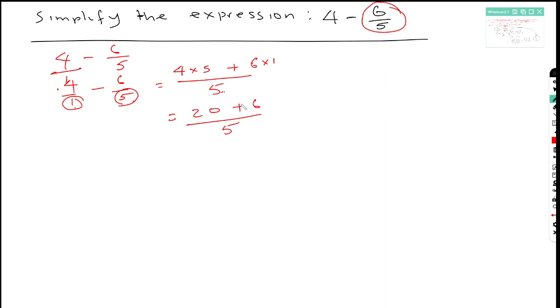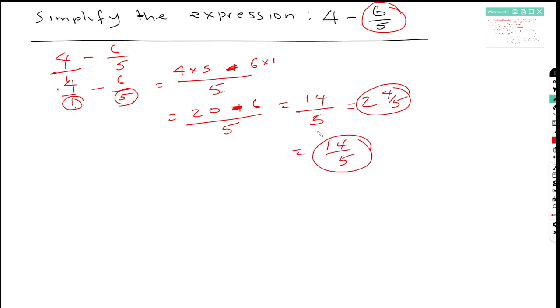Oh sorry guys, it should be minus here. I don't know what I was thinking. So 20 minus 6 will be 14 over 5. If we want to make it a proper fraction, it will be 2 4 over 5. But this is not what we want. We want the answer to be 14 over 5.